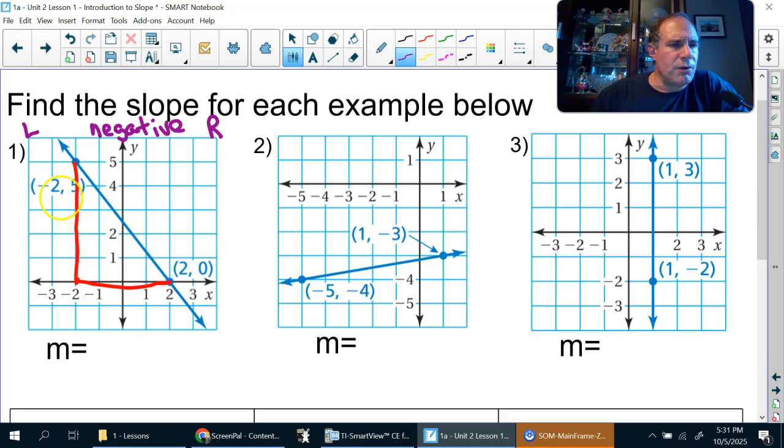Counting down 1, 2, 3, 4, 5, that's -5. And 1, 2, 3, 4, that is +4. The slope is rise over run, and the slope is -5 over 4.